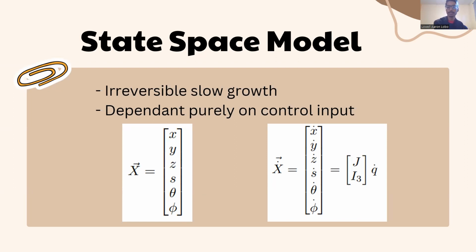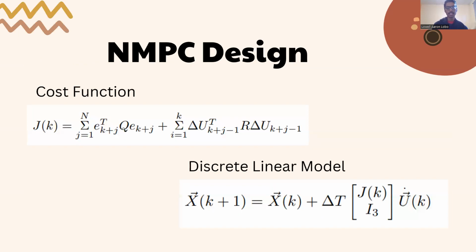Now going to the nonlinear model predictive control design, we take a cost function. This cost function has been stated in the paper, and this is the exact same cost function, where it's written in the form of the error times some weight matrix, summed over time, and the increment in the control action again with some weights given.